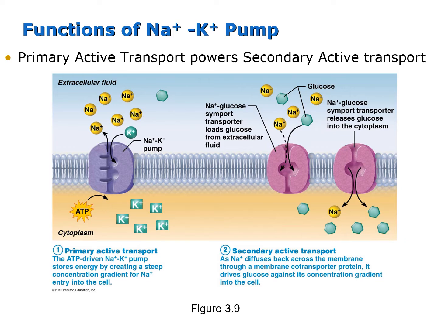Lastly, we can classify carrier proteins that move multiple solutes at the same time according to the direction in which they move those solutes. Notice that the sodium-potassium pump moves sodium and potassium in opposite directions.